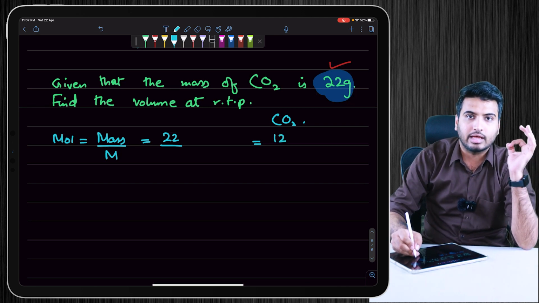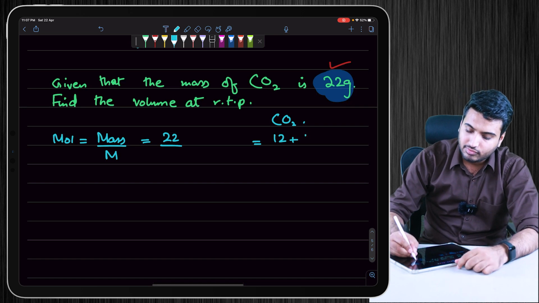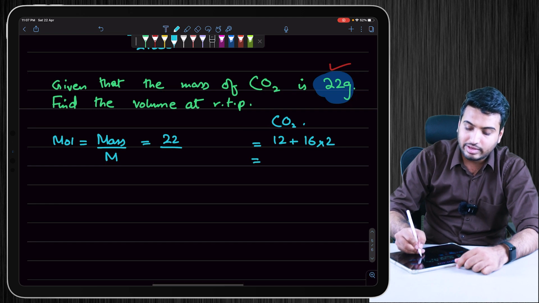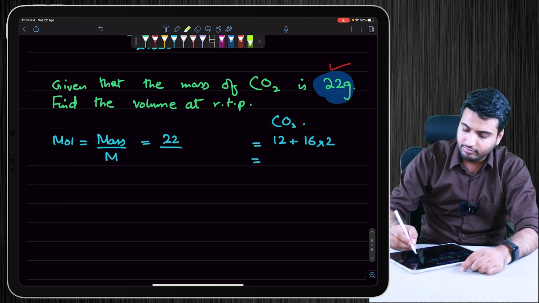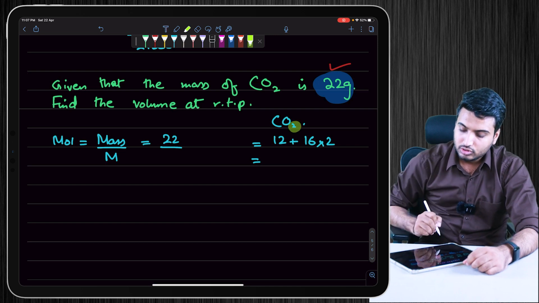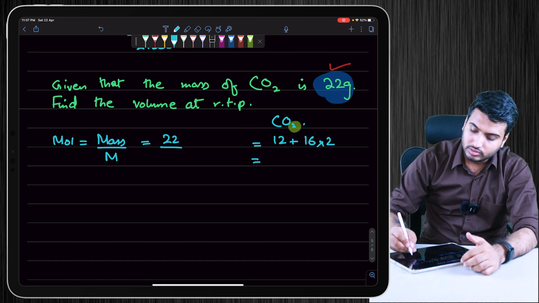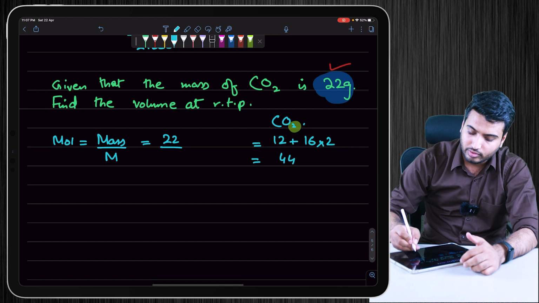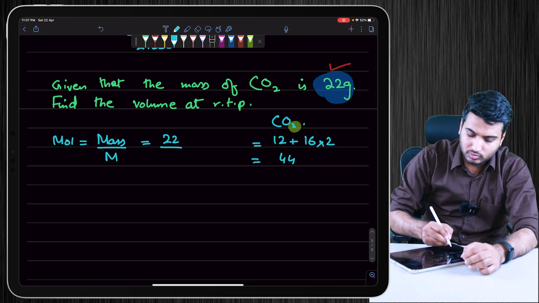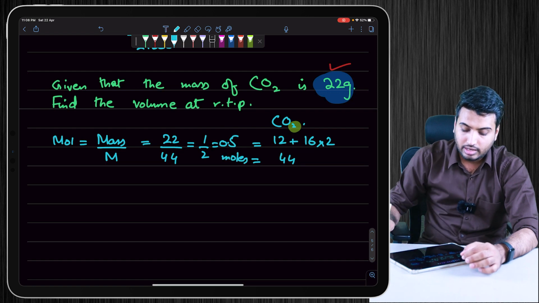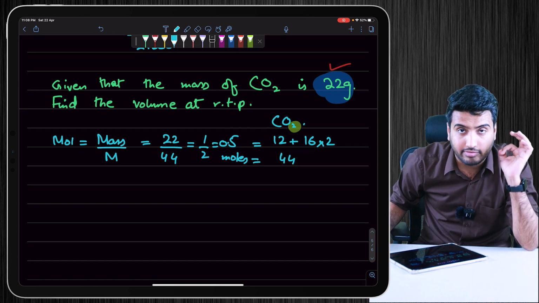According to the periodic table, the mass of carbon is 12 and the mass of oxygen is 16 times 2, as we have two atoms of oxygen, so here it will be multiplied by 2. Okay, so 32 plus 12 would be 44. So to find moles, mass divided by molar mass, so 22 over 44 we get 1 over 2, which is 0.5 moles. All right, so the moles of carbon dioxide is 0.5.